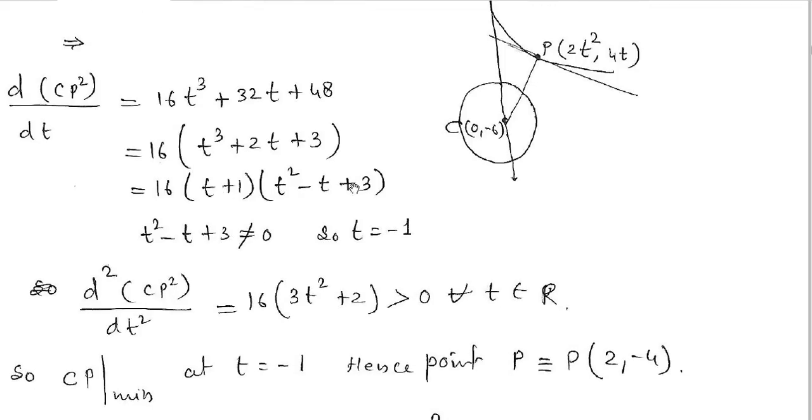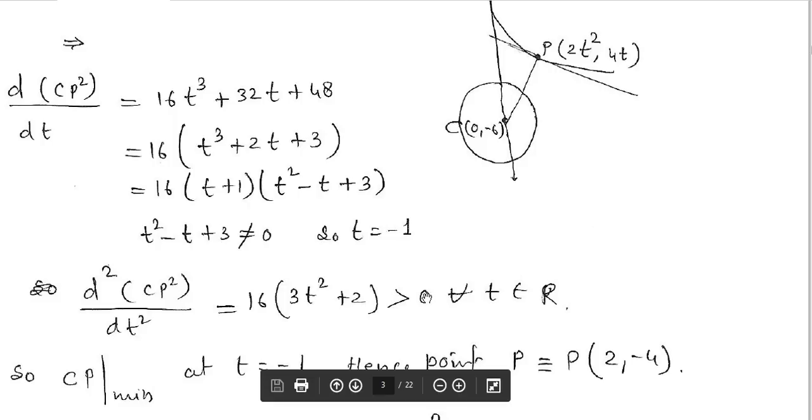Since this is a quadratic expression whose discriminant is negative, it can't be 0, hence t must be minus 1. Again, to check the minimum value, we have taken the double derivative of it and are getting this.